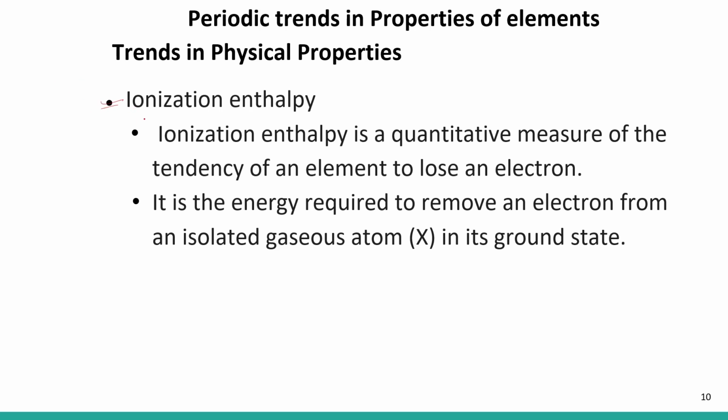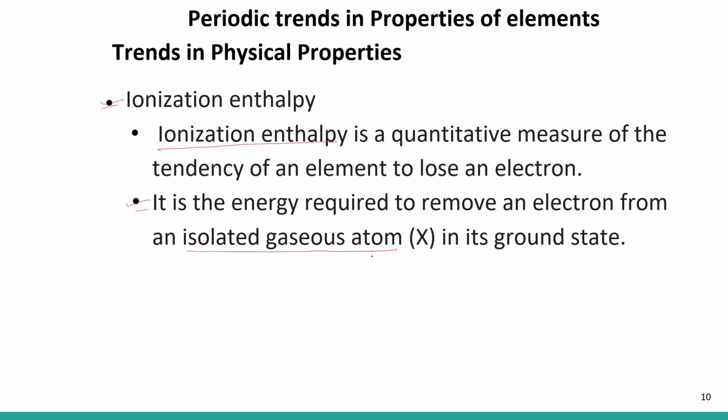Some energy should be spent on doing so, and that energy spent on removing an electron is called ionization enthalpy. It is a quantitative measure of how much energy is required to remove an electron from a species, specifically an isolated gaseous atom.